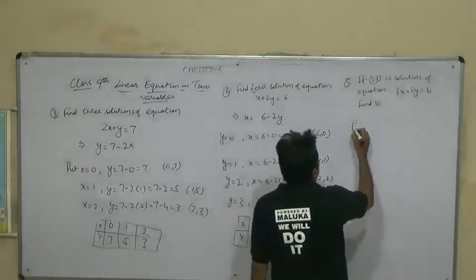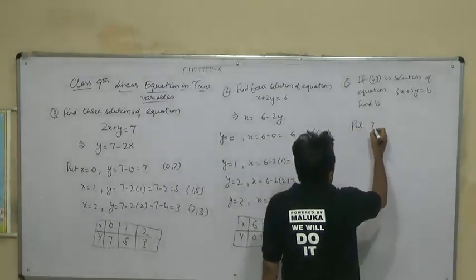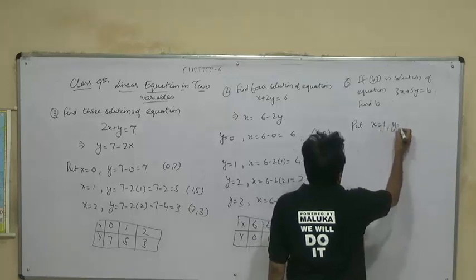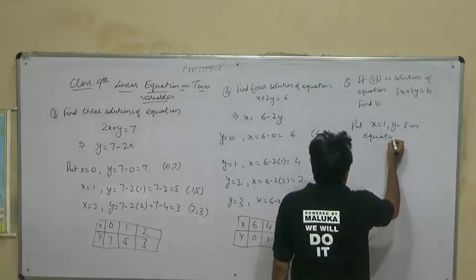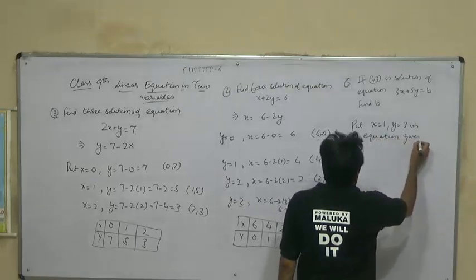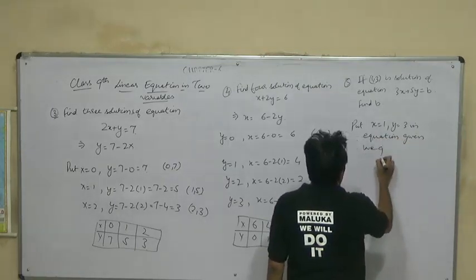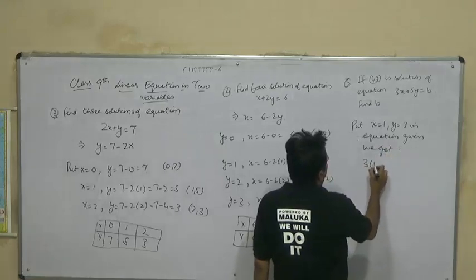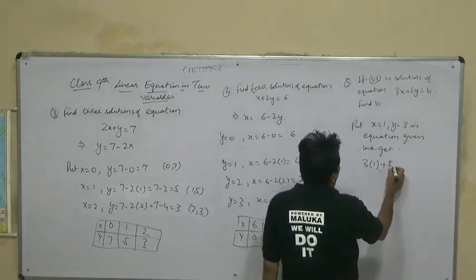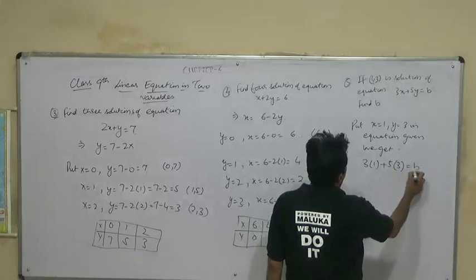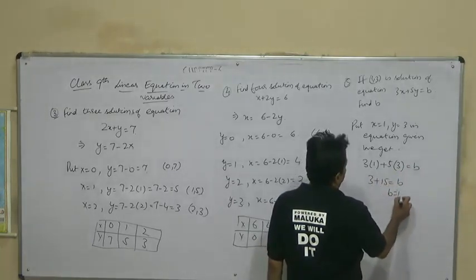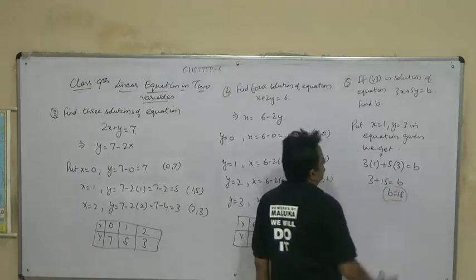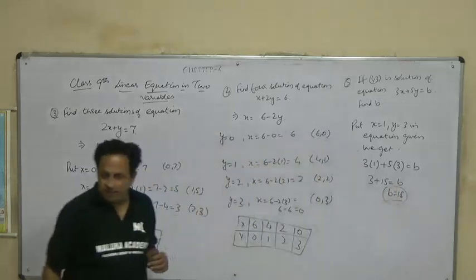So put x is equal to 1, y is equal to 3 in the given equation. So what do we get here? 3 into 1, plus 5 into 3, is equal to b. So this is 3 plus 15 is equal to b. The value of b is 18. So the value of b will be 18 for this.